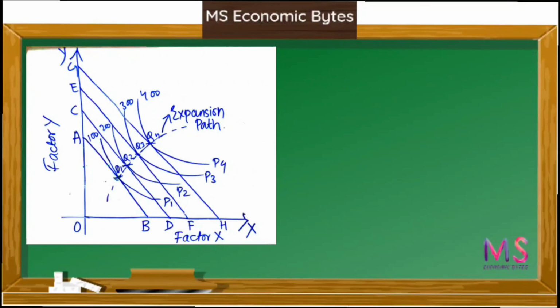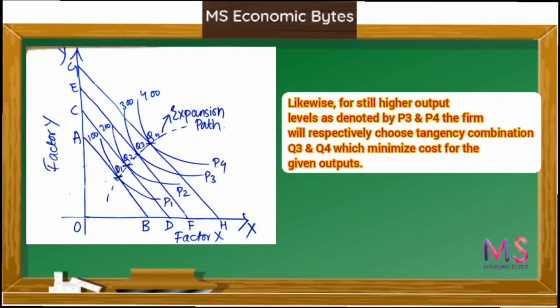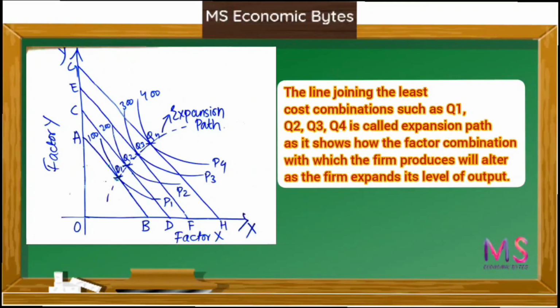Similarly, for a higher level of output, the firm will move to Q3 and for a further higher level of output the firm will move to Q4. So all these points are the least cost combinations of factors. By joining these least cost combinations of factors we get the expansion path.